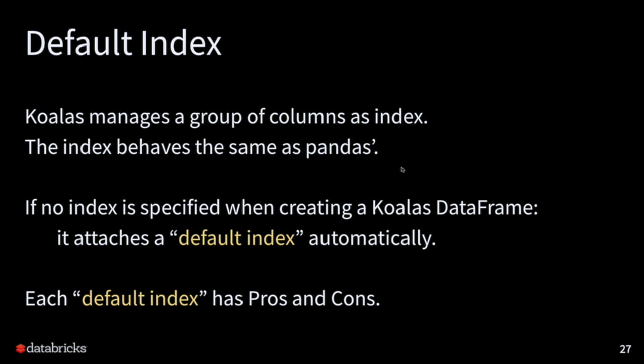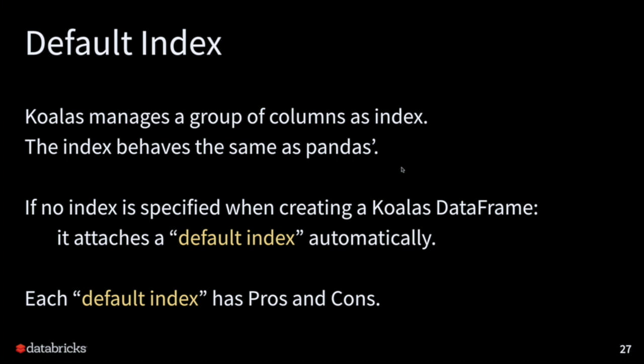Next is the default index. As I said, Koalas manages a group of columns as indexes, and they should behave the same as Pandas ones. When you have a Pandas data frame and convert it to Koalas with the from_pandas function, Koalas automatically picks up the metadata, but other data sources don't always have an index.